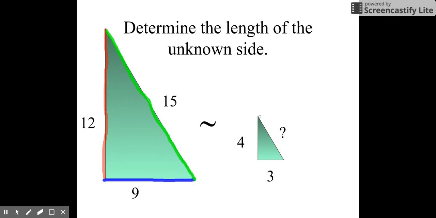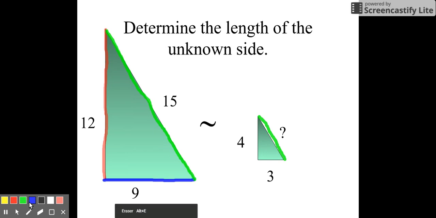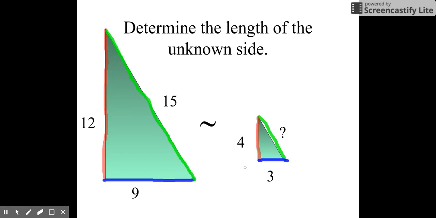Because I already have green in my hand, I'm going to go ahead and match it with its corresponding side. Take note, corresponding sides just means it's the same type of side. So the 4 would match with the 12, and the 9 would match with the 3.